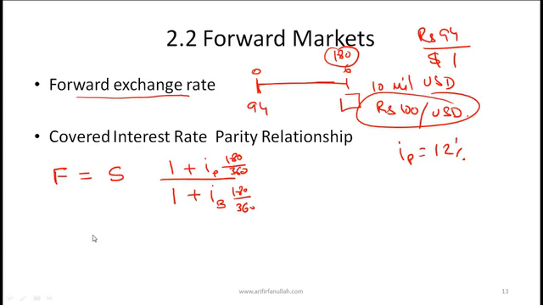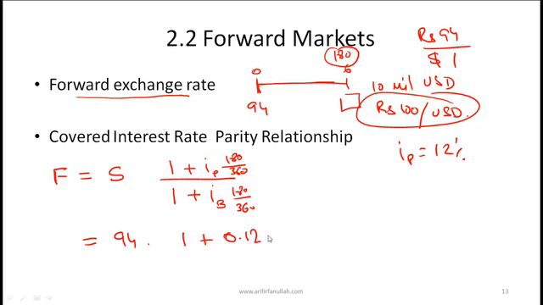So to understand this fully, let's plug in the numbers. The forward rate for a 6-month contract on the US dollar will be as follows. If the spot rate is 94, then the forward rate would be 94 multiplied by 1 plus the interest rate in the price currency, which is 0.12.